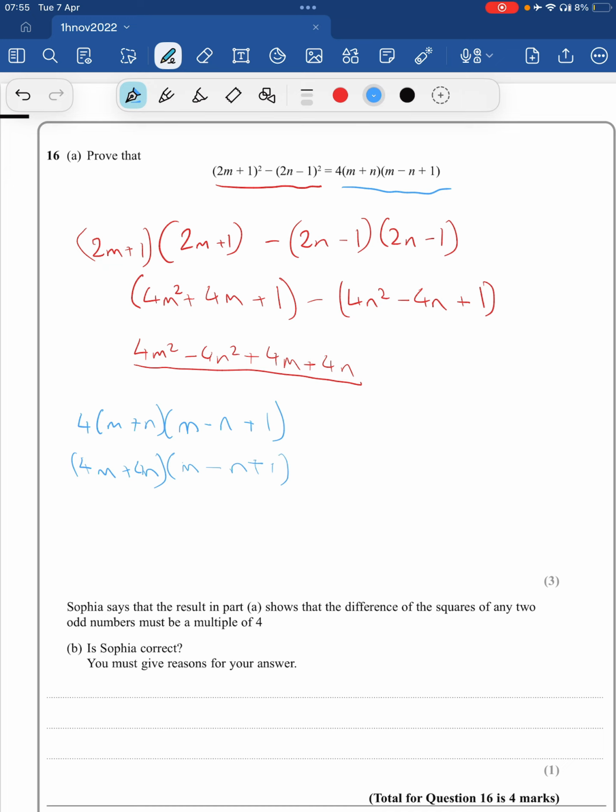So now I can do 4m times m. I'm going to get 4m squared, minus 4mn, plus 4m.